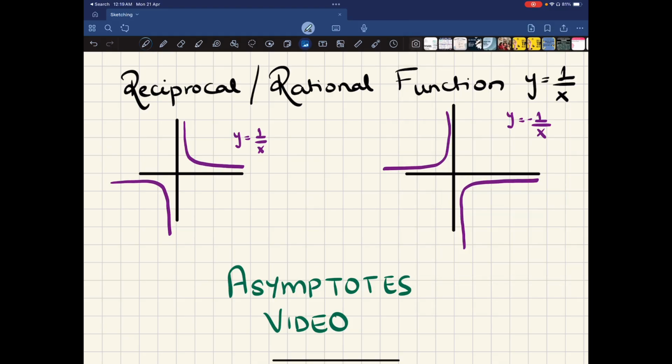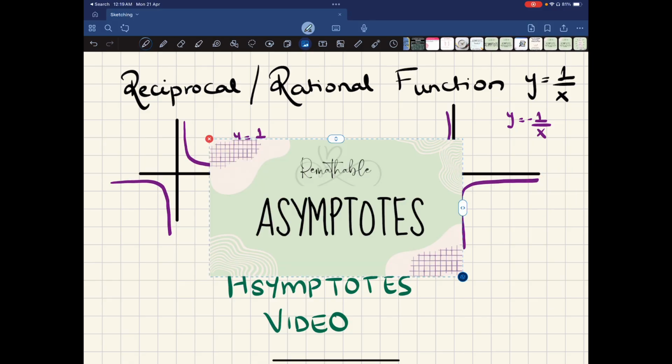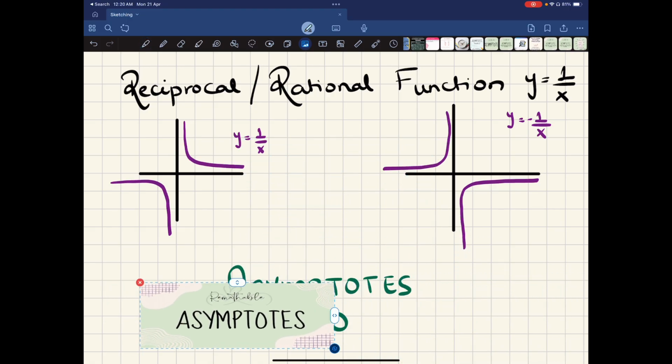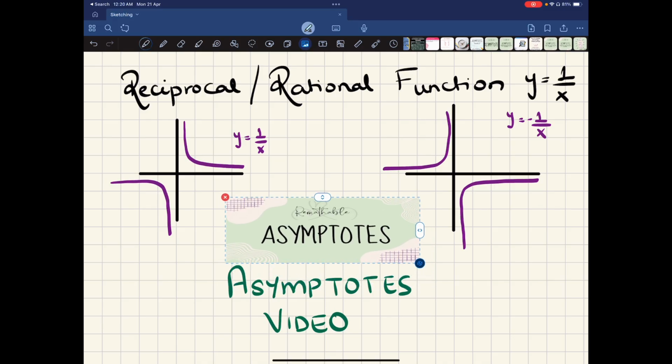Before you get on with reciprocal and exponential functions, I would recommend that you watch this video, because I'm not going to get into a lot of details for calculating the asymptotes here. It has been done in the video listed in the description, so please make sure that you go over it and understand it before you learn how to sketch graphs of reciprocal and exponential functions.